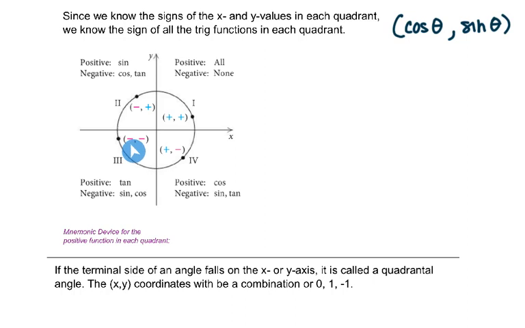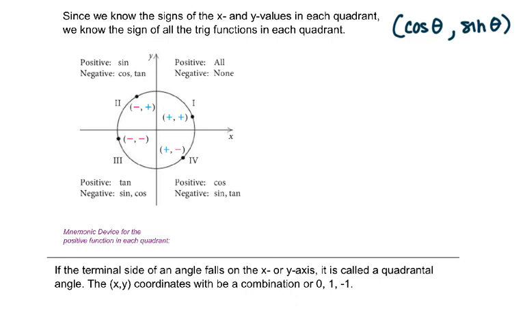Quadrant 3, both are negative. Sine is negative, cosine is negative, and a ratio, negative over a negative, that's going to give me a positive tangent. And lastly, we have a positive cosine and a negative sine. So cosine's positive, sine is negative, and a ratio, negative over positive, tangent would also be negative.